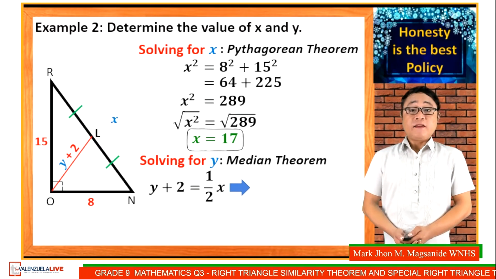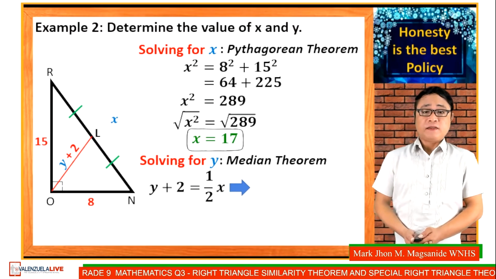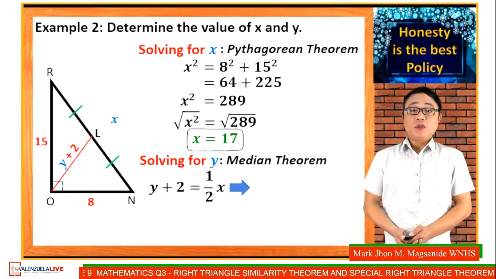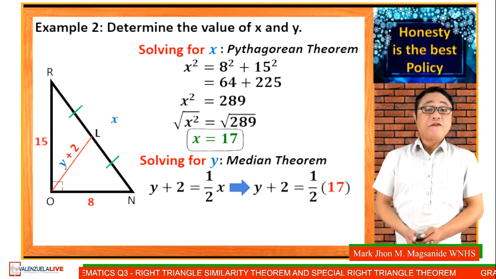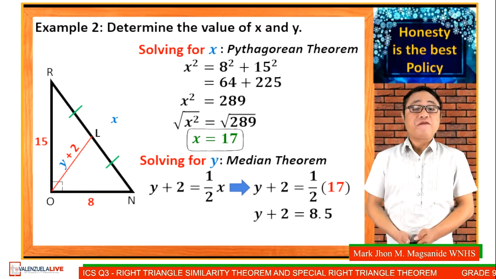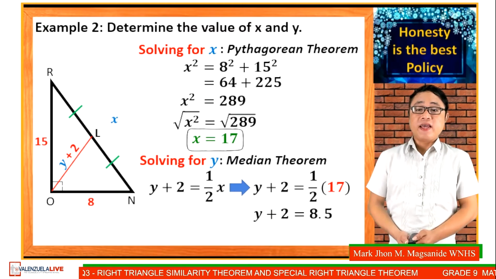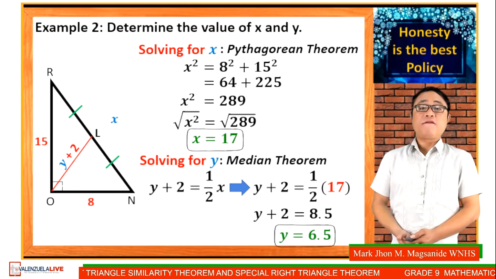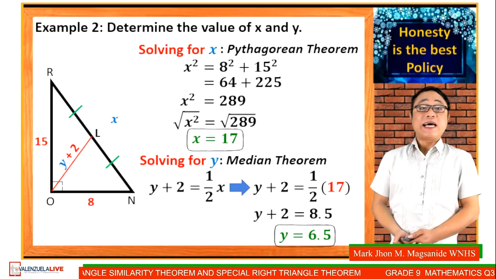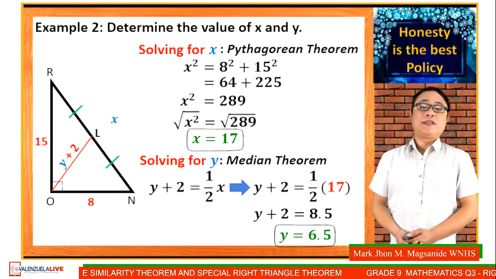The obtained value of x is 17. Therefore, substitute 17 to x. And then 1/2 of 17 is 8.5. And then further simplifying, the value of y is equal to 6.5. And that is our answer.